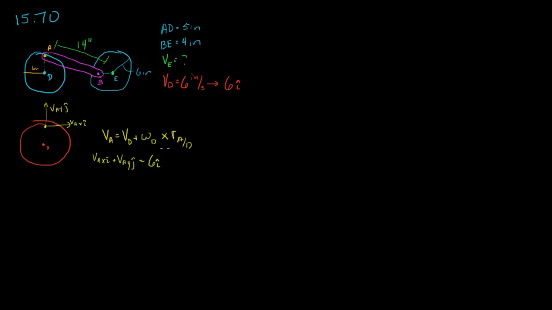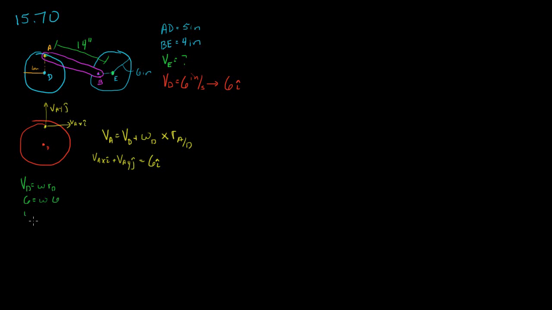And we can figure out what this omega D is, what the angular velocity of this is. We know that the velocity of D is equal to omega times r of D, and we know the velocity of D is 6, and our omega is what we're solving for, and we know the radius of D right here is 0.5, or is 6 inches.